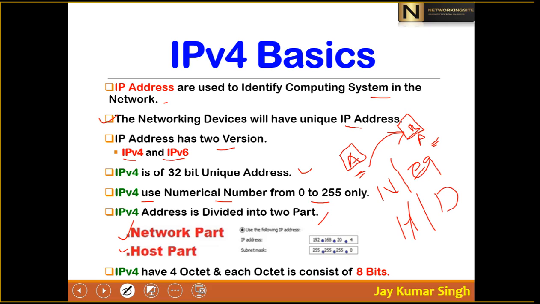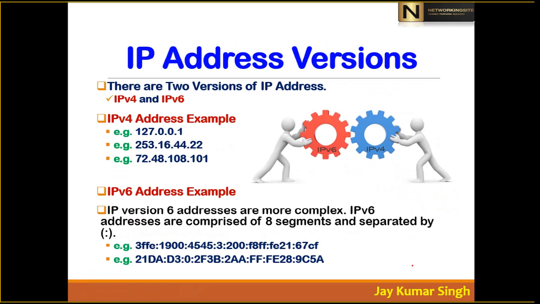Host address should be different, but network address must be equal for communication. This is very important. Now, IPv4 has 4 octets and each octet will have 8 bits. This we know already.